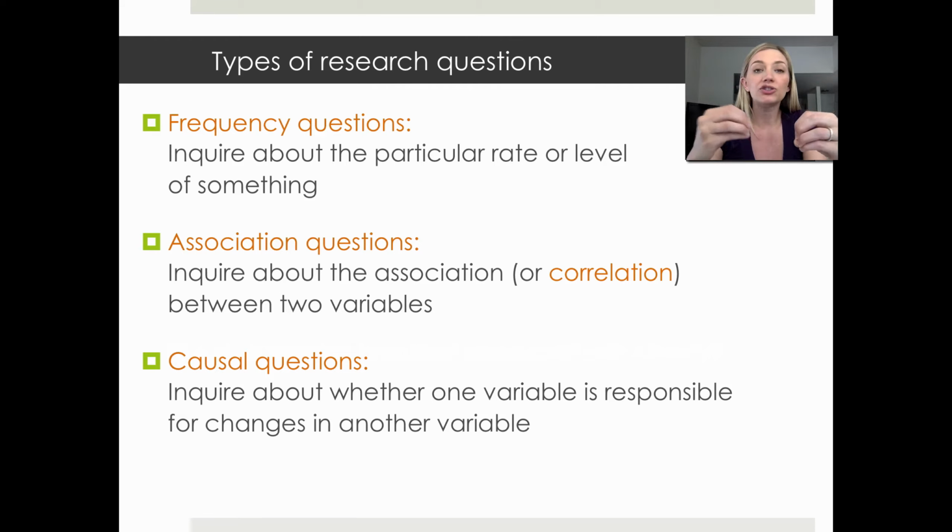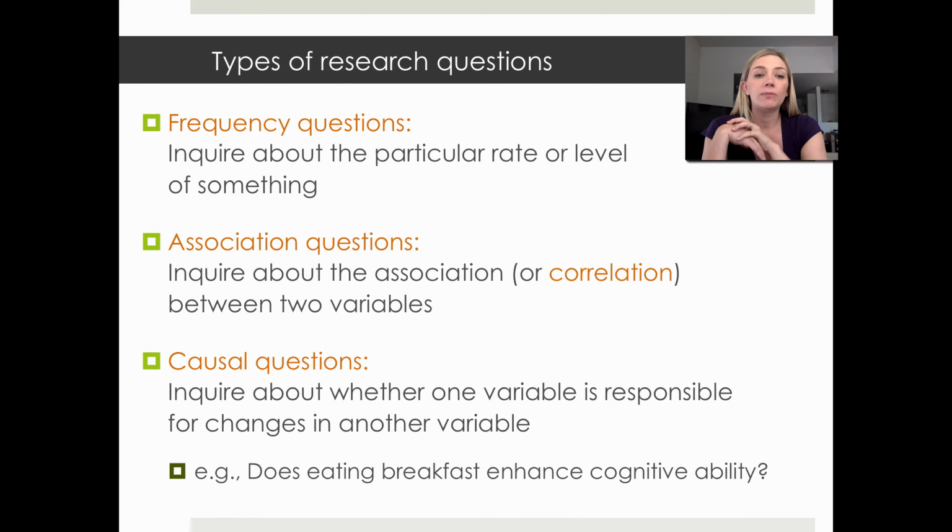We're going the additional step of saying one of these variables is actually causing changes in the other variable. So an example would be, does eating breakfast enhance cognitive ability? So is eating breakfast causing changes in people's cognitive ability?